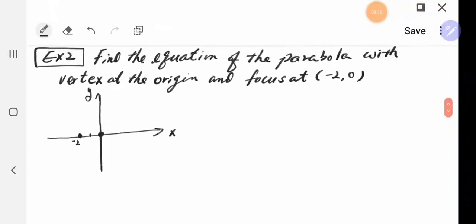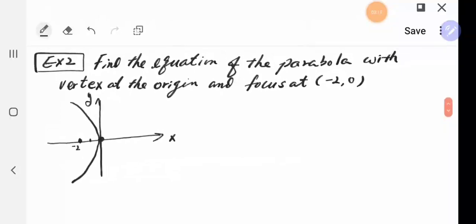The graph opens to the left. So if the parabola opens to the left, then this is the form x equals 1 over 4p y squared. Interchange x and y. Let me give you a hint.